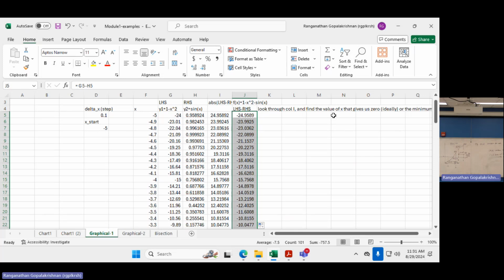Okay, so what I'm saying is, let's get to an example. Let's write this as f of x equal to 1 minus x squared minus sine x. Now you already did the graphical method. You know that there are two roots for this equation, and you know approximately where they are. That is, you know that x equal to minus 1.41 and 0.65 are roots which we got from the graphical method.